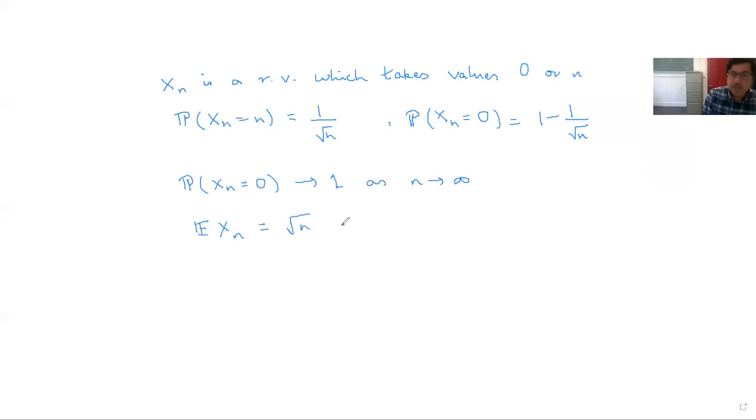And so this goes to infinity as n goes to infinity. So it's possible to have a sequence of random variables which goes to 0 in probability, but whose expectation is going to infinity. And something similar happens with the number of copies of the subgraph H within the random Erdos-Renyi random graph G(n,p). The probability that there are 0 copies is tending to 1, but the expected number of copies tends to infinity.